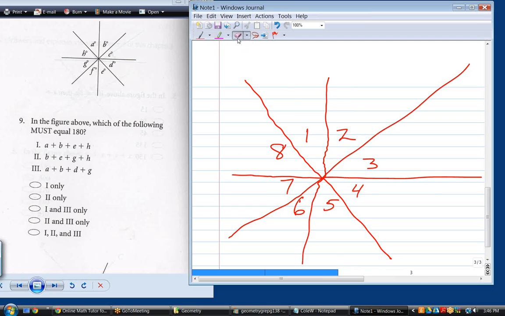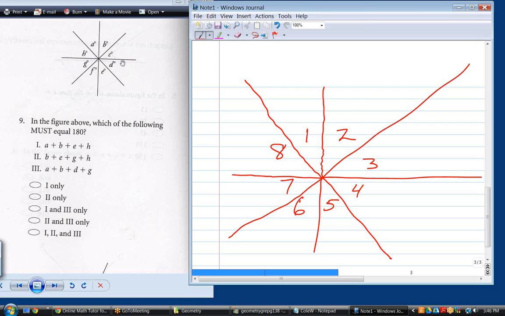Okay. They're not actually all equal. There's nothing in the problem that says that any of them are equal to the other ones.